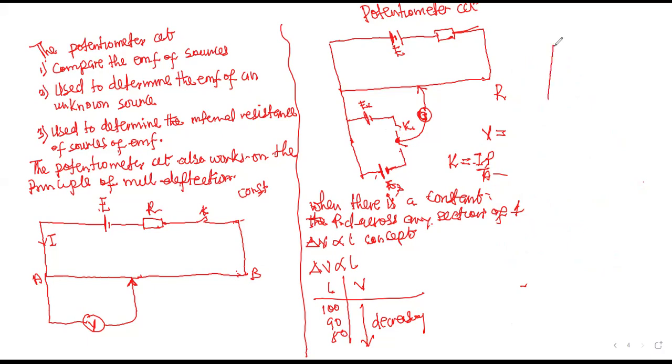Plot a graph of, after getting your values, plot a graph of V against L and find the slope. Of course, the trend is that as L increases, V also increases. You must have a straight line.